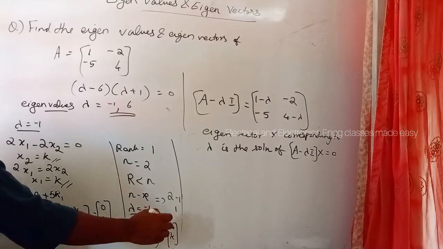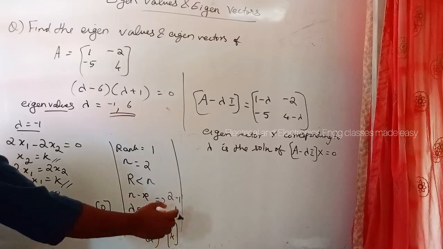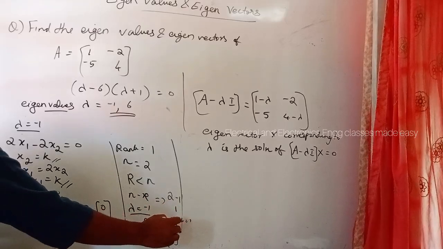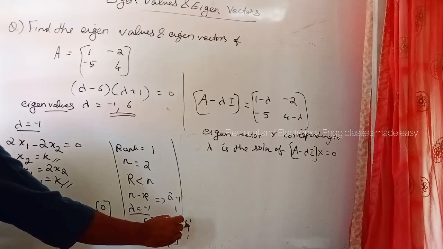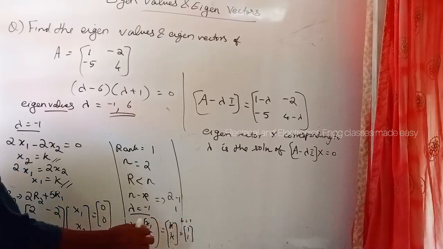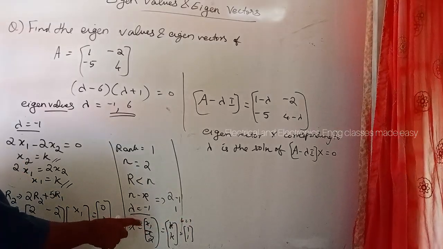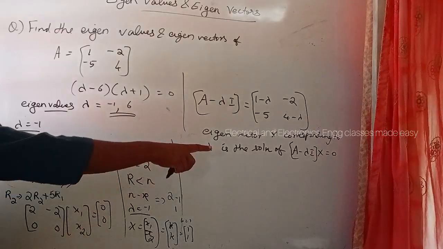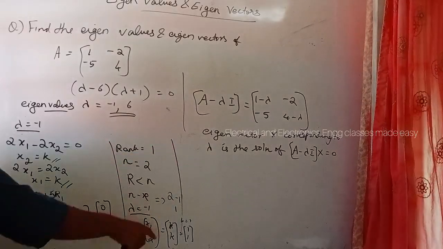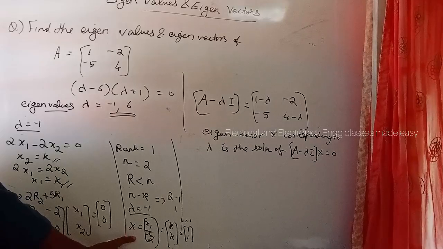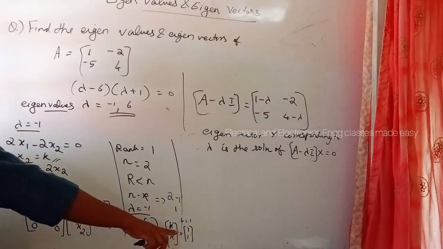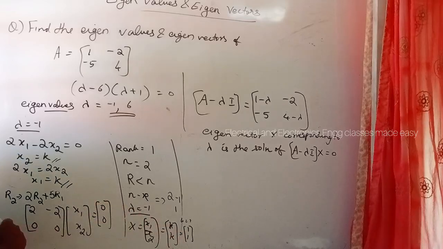If k is equal to 1, we can write this as 1 and 1. So the solution of (A minus lambda I) into x equal to 0, that is the eigenvector corresponding to the eigenvalue lambda equal to -1, is 1, 1.